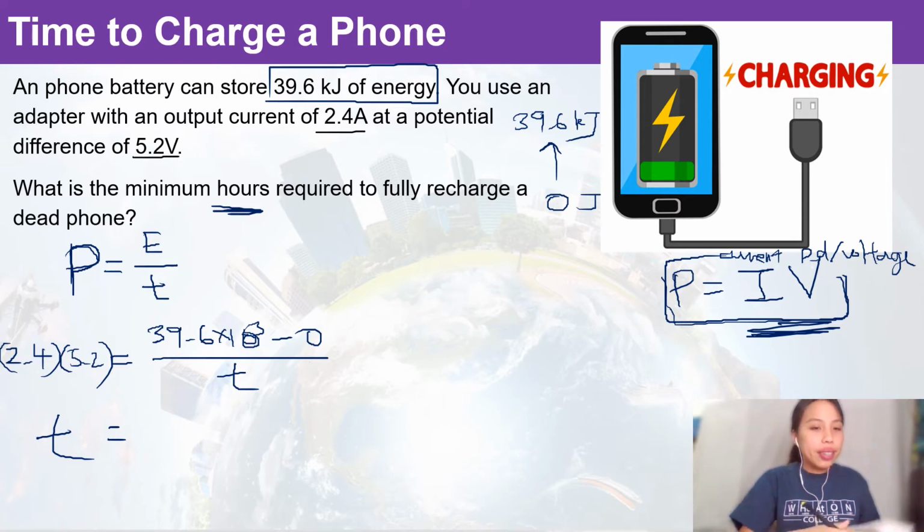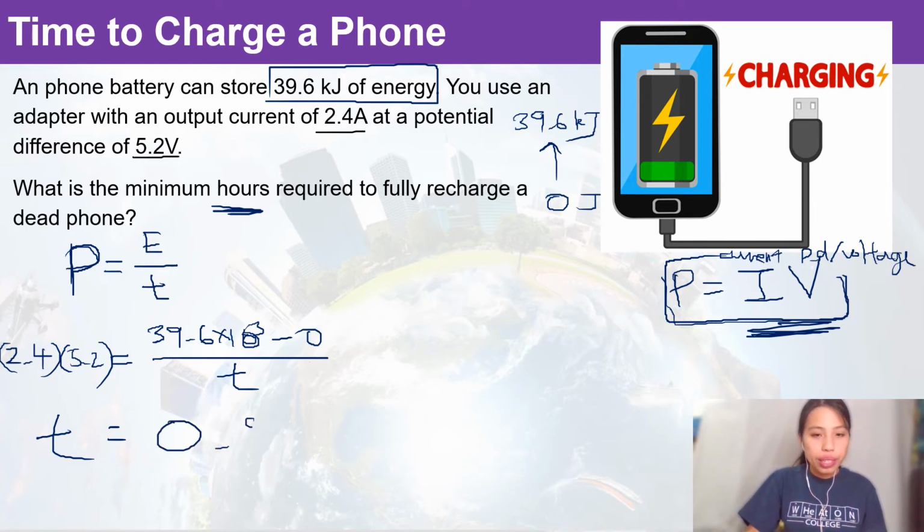So 39.6 times 10 to the 3 divided by 2.4 times 5.2 gives us a number of seconds. If I convert it to hours, I will get roughly 0.88 hours. Wow! That's like 52 minutes.